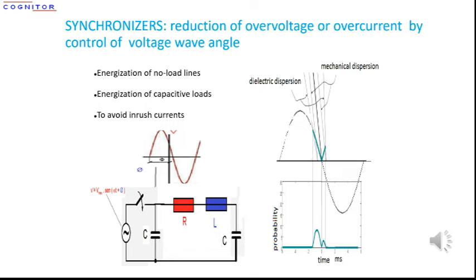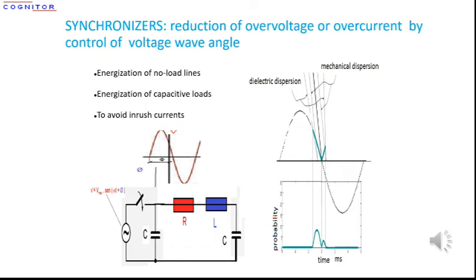Depending on the angle where you close or open the circuit breaker, with calculations, you can see that the overvoltage or even overcurrents that will appear can be lower depending on the control of this angle.